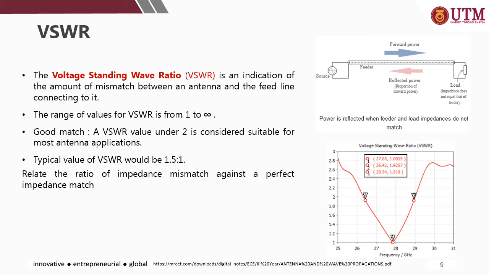Okay, next is VSWR, voltage standing wave ratio, which is an indication of the amount of mismatch between an antenna and the feed line connected to it. When there's a source, the power is transferred from the source into the transmission line towards the load. When there's a mismatch, meaning the load impedance is not matched to the transmission line, not all the power transferred will go to the load, so it will travel back and forth within the transmission line towards the source.